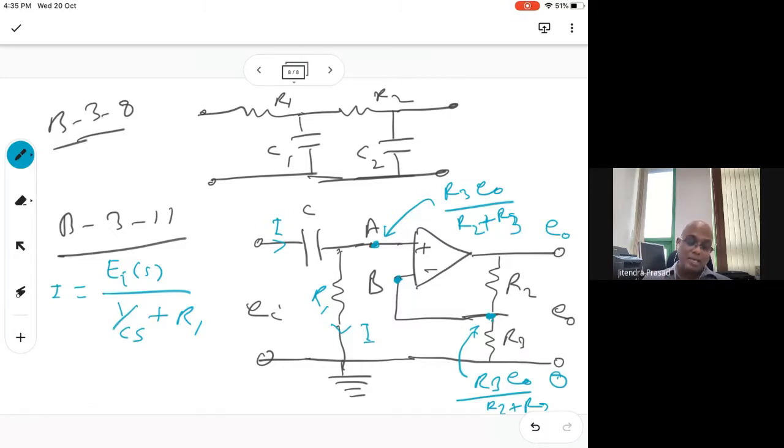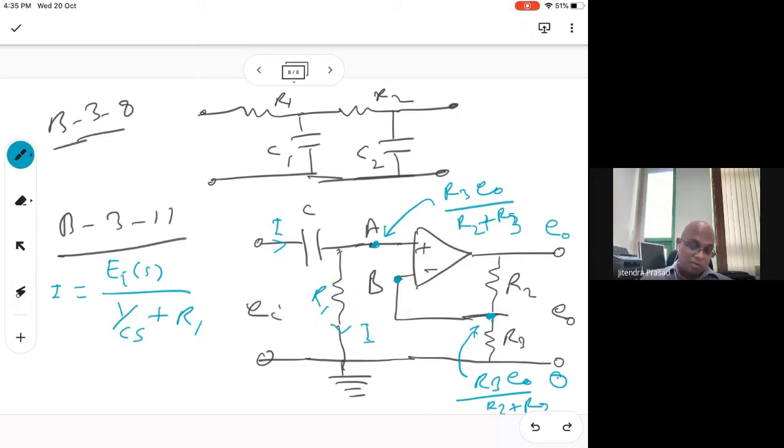So this is I. And if you want to find out this value, it will be simply R3 times I will be equal to this, right? So what you get? Sorry, R1 times I. So this is R1.